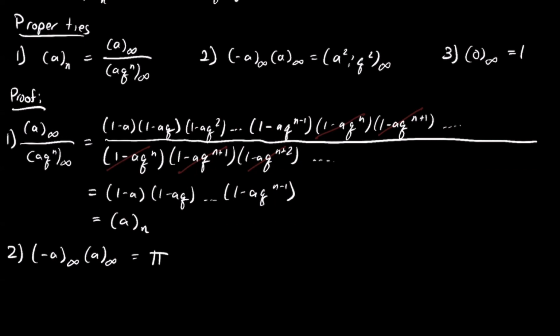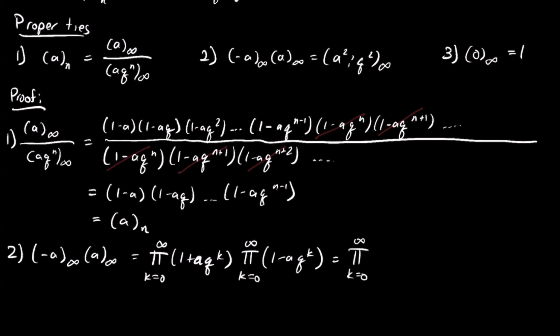So this is going to be the product of 1 plus a q to the k, as k goes from 0 to infinity, times the product of 1 minus a q to the k, as k goes from 0 to infinity. We combine these products. We notice that this is just the product, k from 0 to infinity, of 1 plus a q to the k times 1 minus a q to the k.